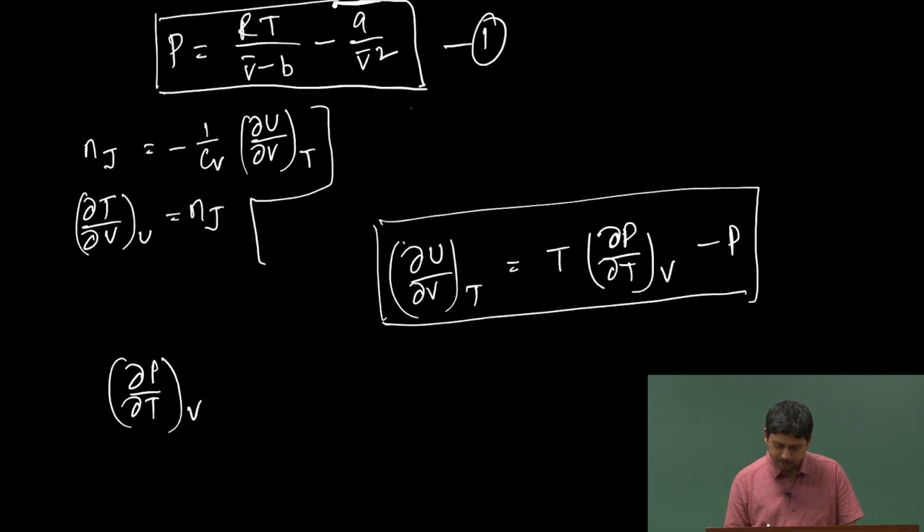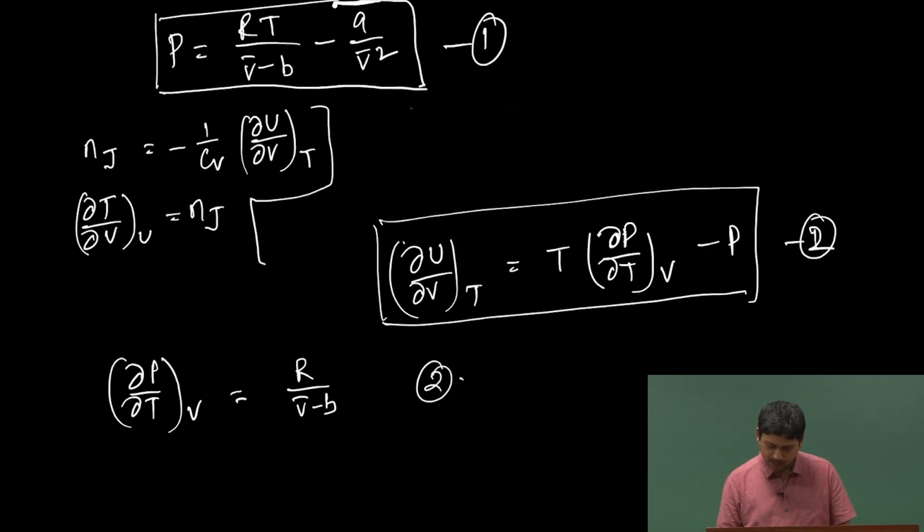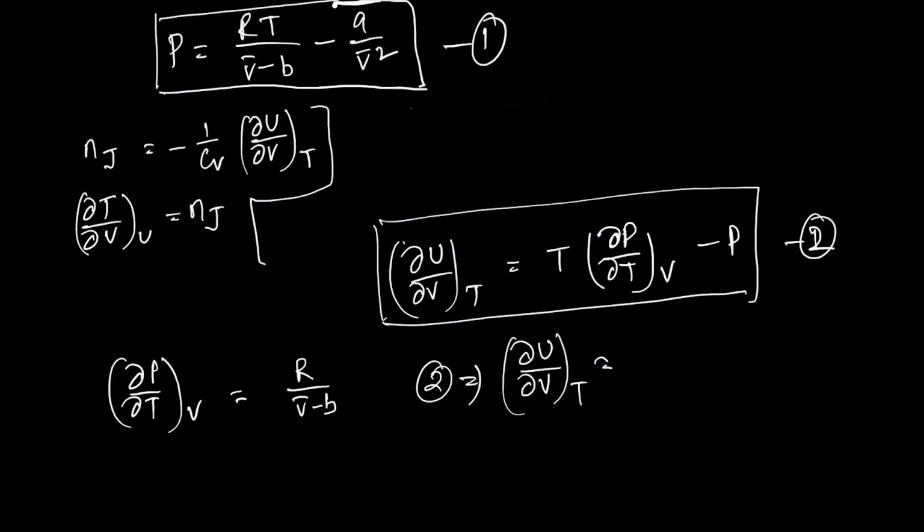Del P by del T at constant V is the derivative of equation 1, which is R by V minus B. So, therefore, from equation 2 we get del U by del V at constant T is equal to T into R by V minus B minus P, and P is RT by V minus B minus A by V square, which gives A by V square.